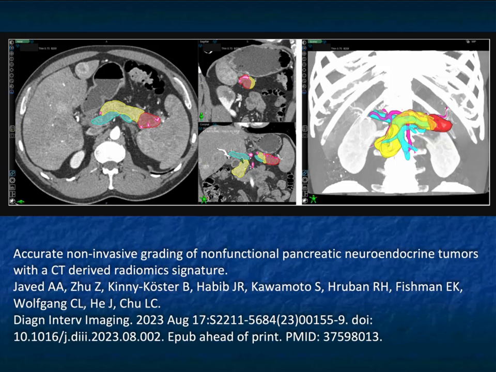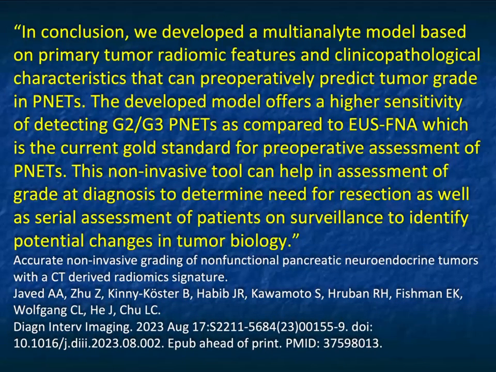We also know this is true with neuroendocrine tumors. We've looked, and radiomics is more accurate than radiologists in detecting the presence of a neuroendocrine tumor. The grading of tumors, whether things are grade 1 or grade 2 and grade 3 become important, because grade 1 you simply can follow. They're usually smaller tumors.